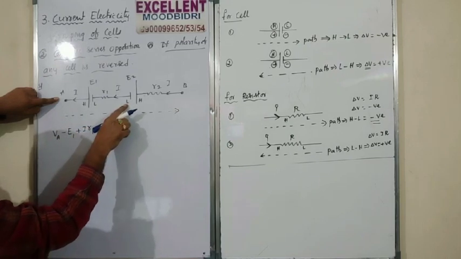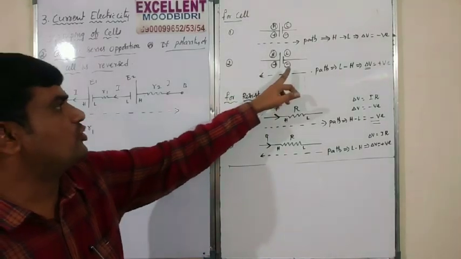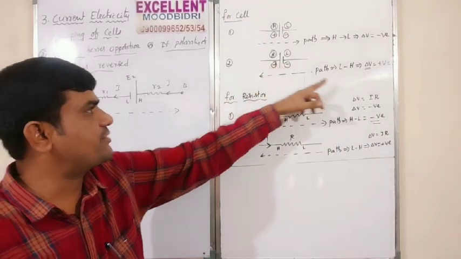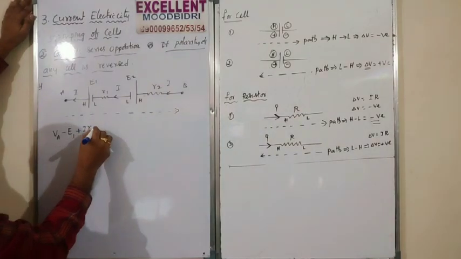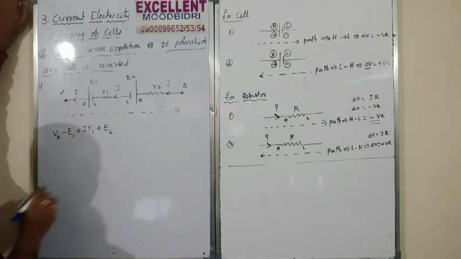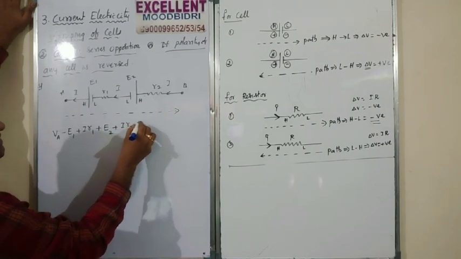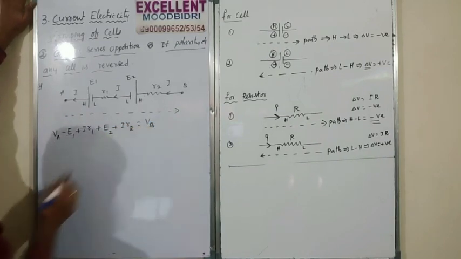Next here, lower to higher. Remember, lower to higher means positive. So plus E2. Are you clear? Then plus I into R2 is equal to VB.